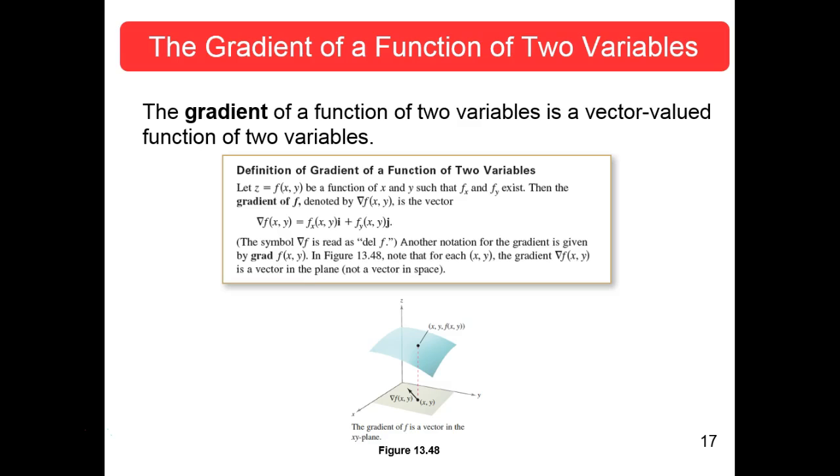And another notation for it is grad f, meaning gradient of f. And in this figure, note that for each x, y, the gradient is a vector in the plane, not a vector in space. The plane down here, because it's just i, j. There's no z component in it. It's a vector down here.